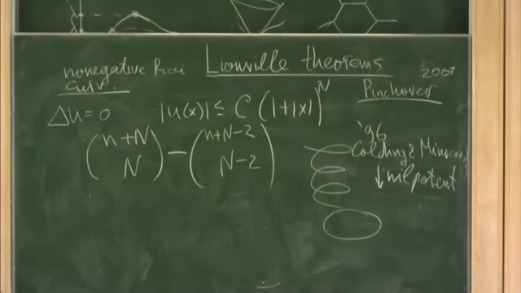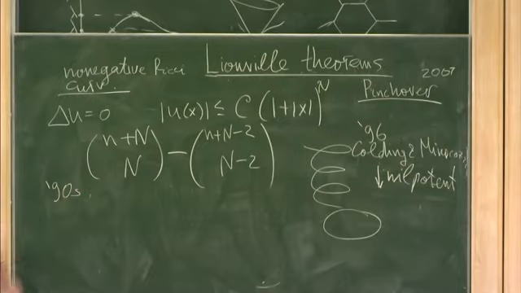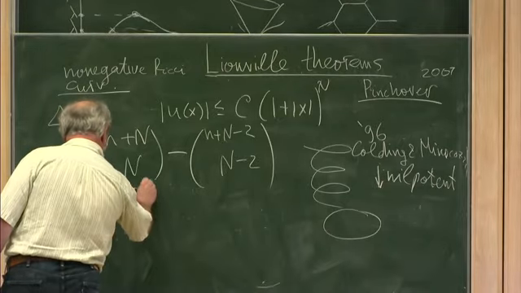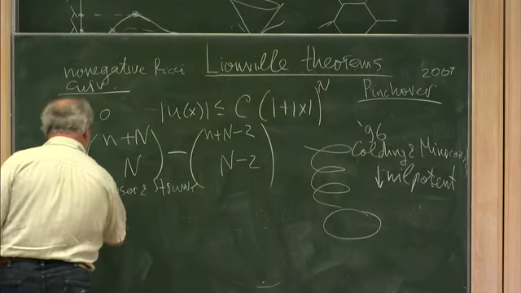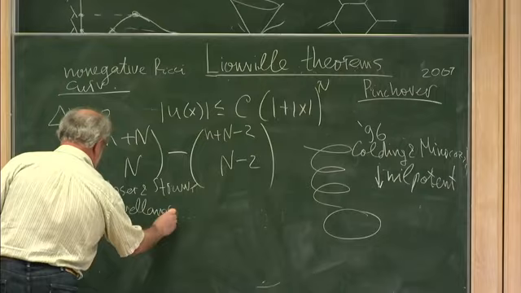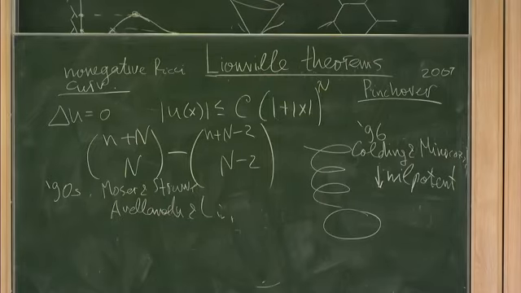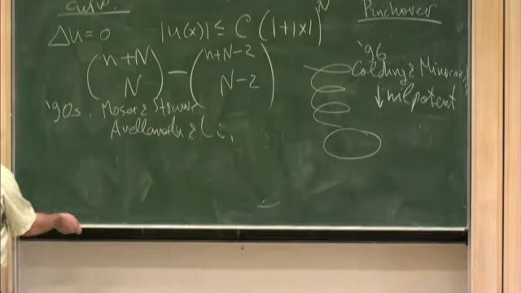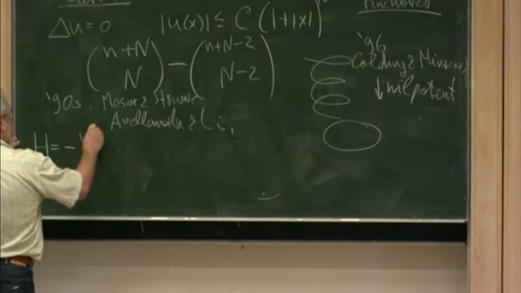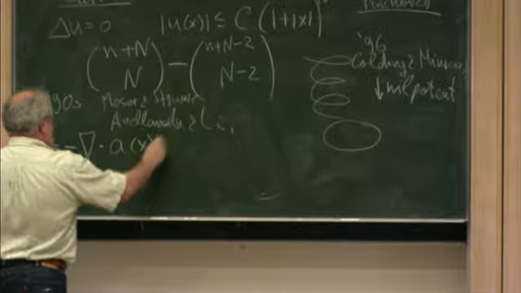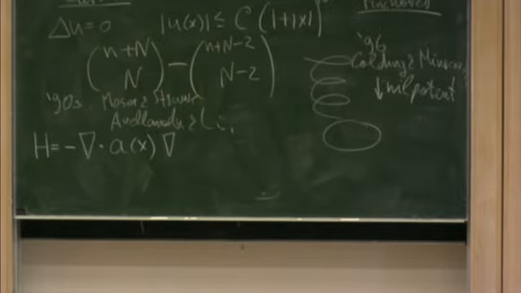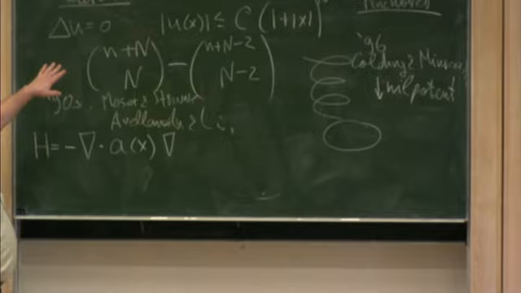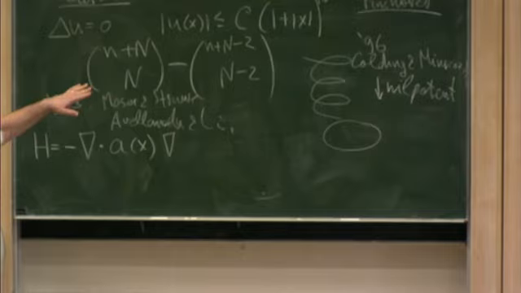And it was especially interesting since in the beginning of the 90s there were two wonderful papers, one by Moser and Struwe, another by Avellaneda and Lin, where they proved the following: if you have a periodic divergence type operator like this, with a periodic matrix function of x, then for each capital N the space of polynomially growing solutions is finite dimensional.